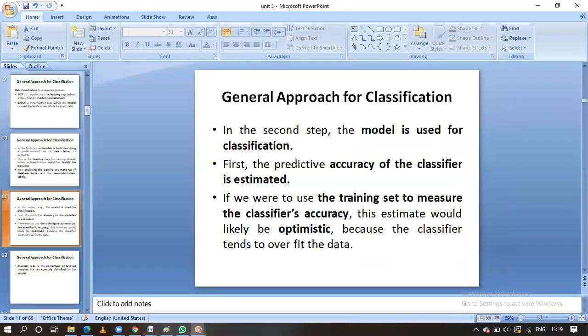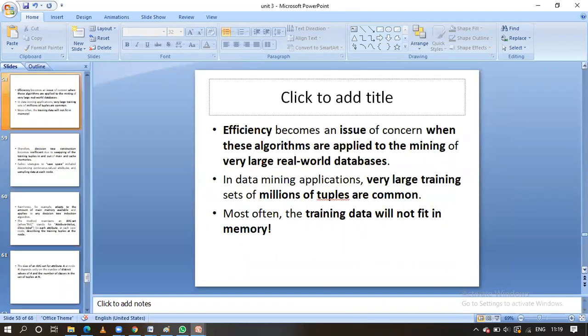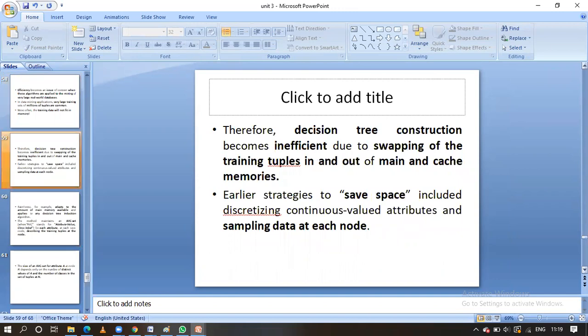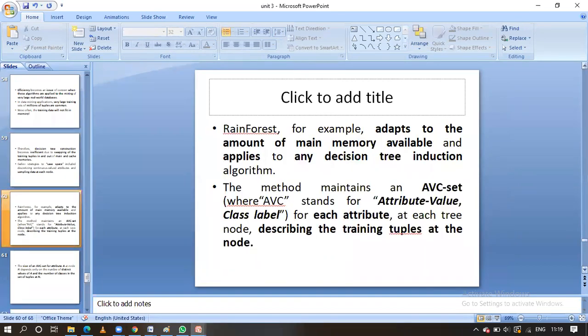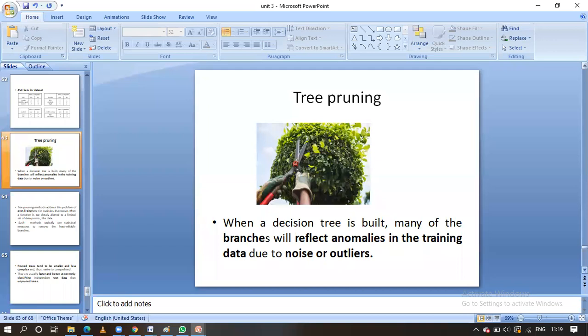Cutting. The normal meaning of pruning is cutting the tree's branches. In tree pruning, we are going to remove the erroneous and outlier branches from the decision tree.